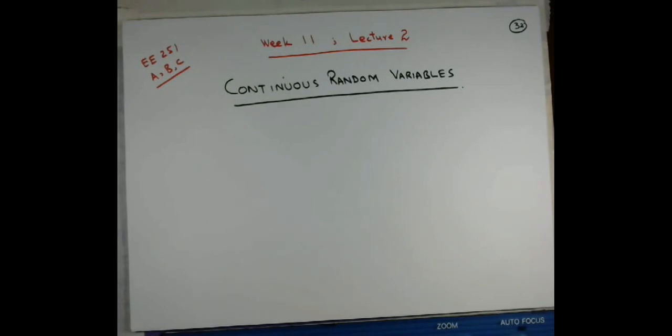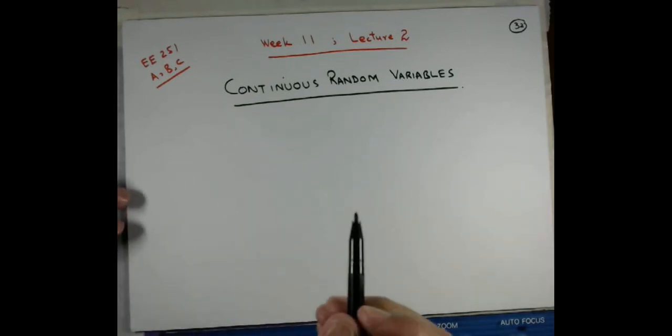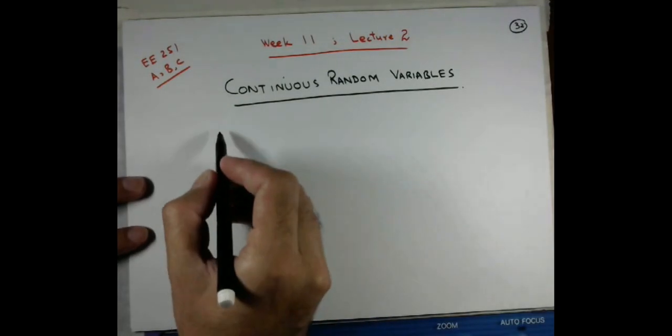Now we'll make a bridge, and there are just 3-4 points that must be kept in mind so that you can easily jump conceptually from discrete to continuous random variables. Those 3-4 points are as follows.